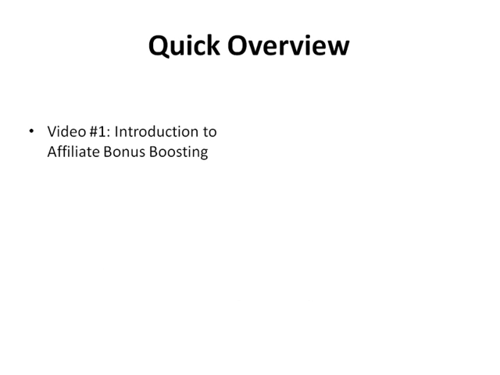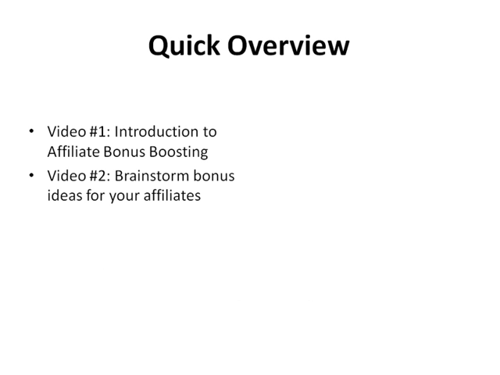The first thing I want to do is give you a quick overview, and then we'll move straight into the video course. So this is video number 1. Video number 2, we're going to brainstorm bonus ideas for your affiliates. We're going to go through the brainstorming process to figure out what exactly your super affiliates want to have in terms of a bonus.